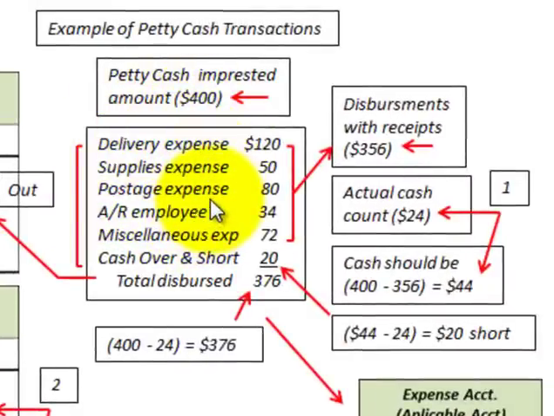But remember, when we're going back and getting some cash to replenish this account, we have to do this cash count to make sure that our receipts for our disbursements equal the actual cash that we paid out. If not, then we have to set up this cash over and short account to account for any overages or shortages in our cash based on the total disbursements that we made.